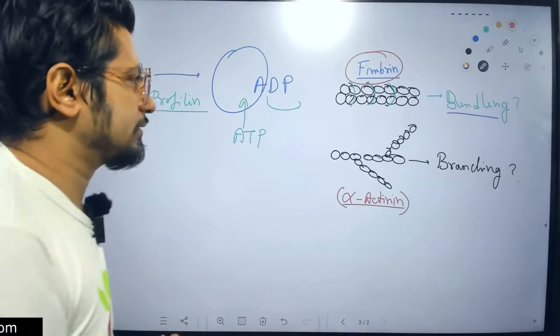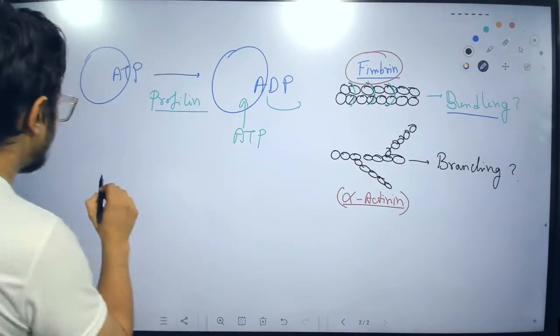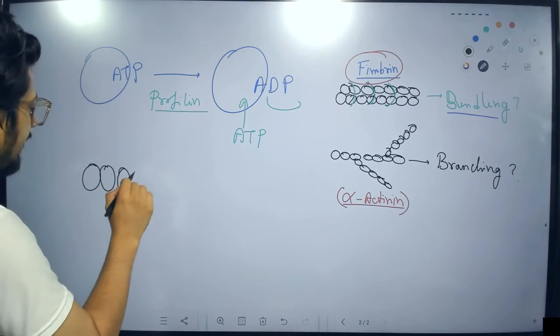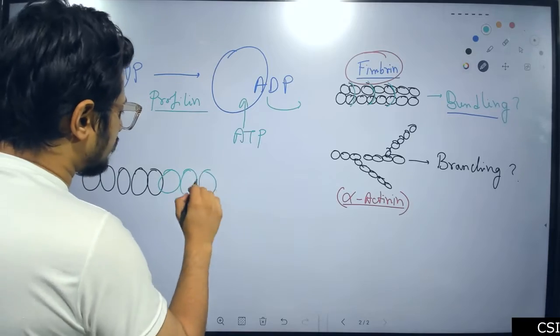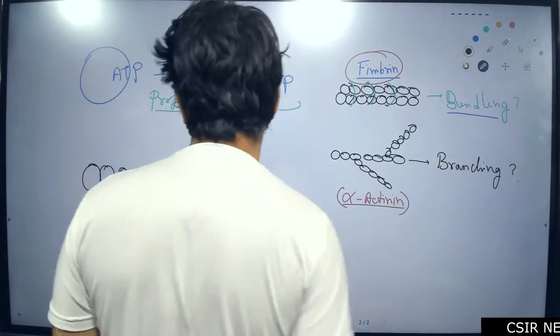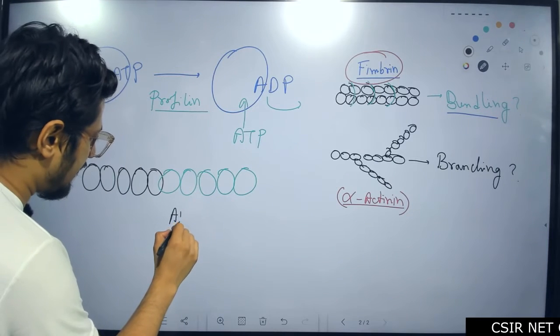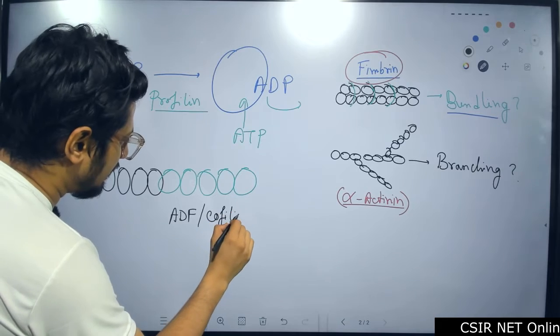Now apart from this, this is all about polymerization, and remember we know this fact that the polymerization is from the plus end, obviously. So from the minus end there will be depolymerization. So do we have any depolymerization promoter? Yes, we do have a depolymerization promoter, and that is known as ADF cofilin.